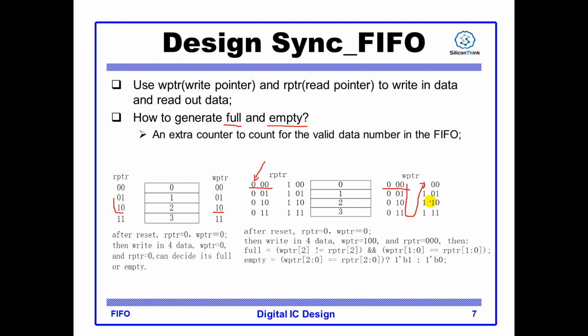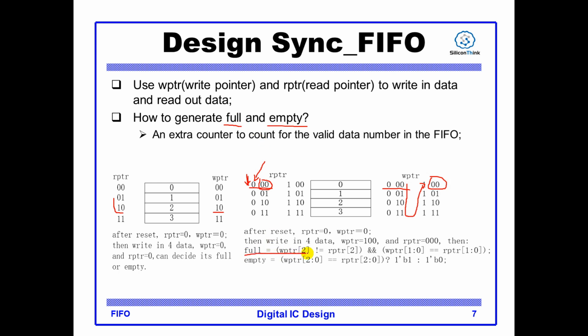And in this status, the FIFO is full, so you can say the condition for full is the MSB of read pointer and write pointer is different, and the LSB for the pointers is the same. So in this situation, you will get the full status.